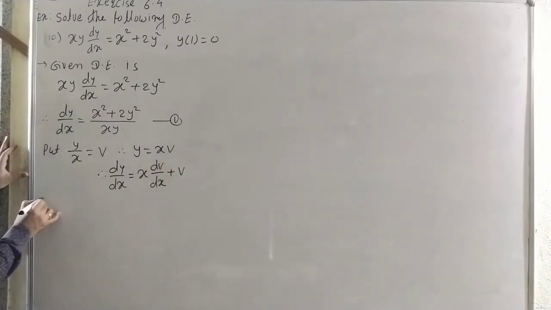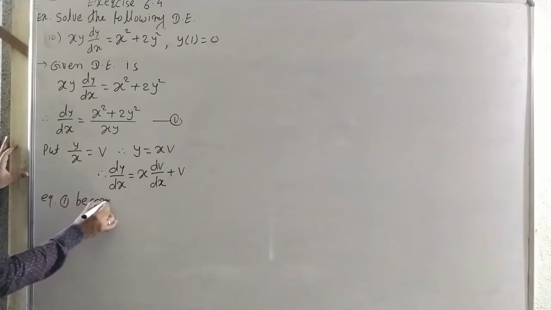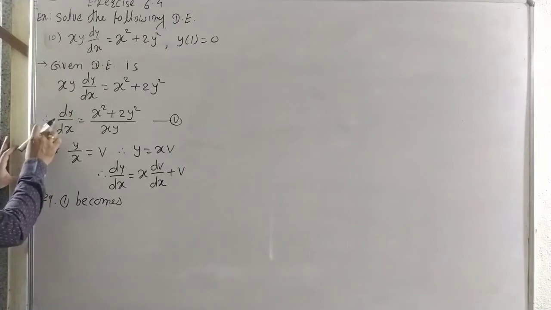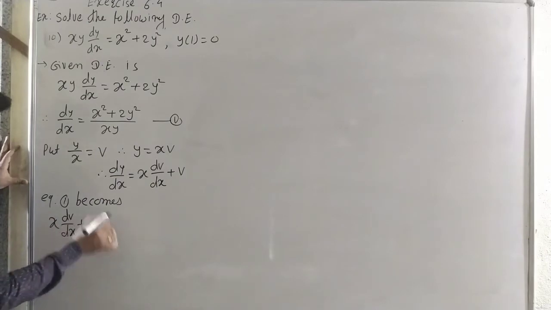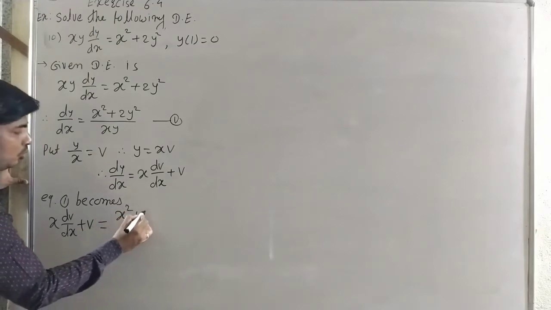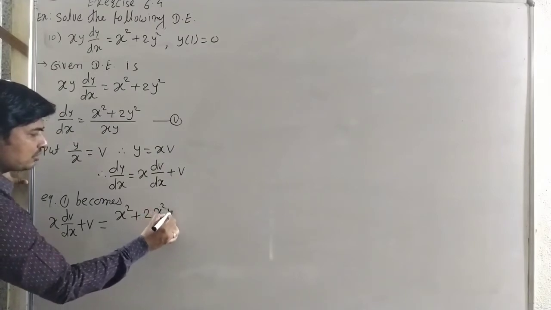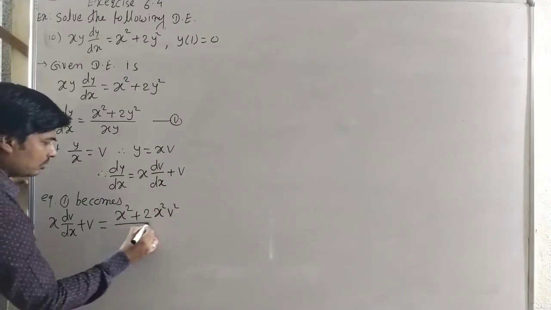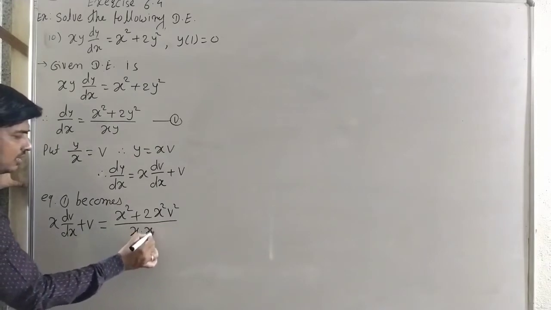Then equation 1 becomes dy by dx, it is x dv by dx plus phi is equal to x square plus 2y square, y square means x square phi square, upon x into y, that is y is x phi.